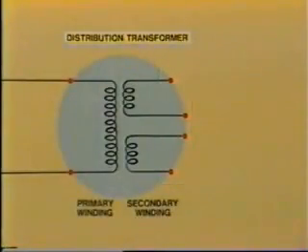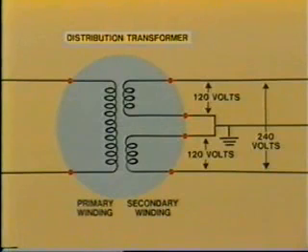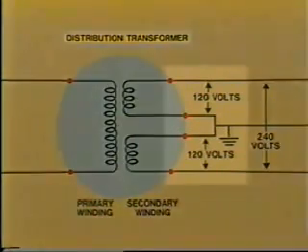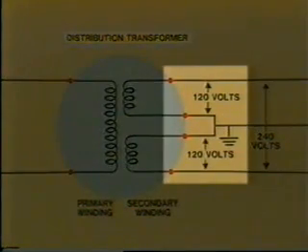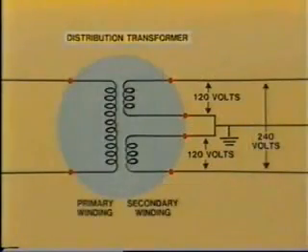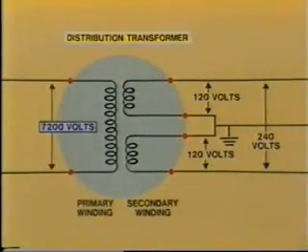Now, the most common requirement for single-phase residential service is 120, 240 volt service. Such service is provided by the transformer connection shown here. Typically, the primary voltage, 7,200 volts in this particular example, is taken from one phase to neutral of the three-phase four-wire primary feeder.